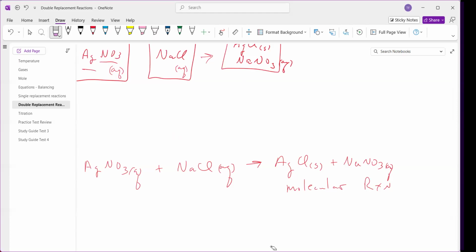Yes, balanced as written. Okay, so this is the molecular reaction. I'm going to show you the total ionic reaction. You're not going to have to do one now, but you will have to do one in your next class. I'm just going to show it to you so you'll be able to recognize it. Basically, you take everything apart. So we're taking this silver nitrate apart into silver and nitrate ions.